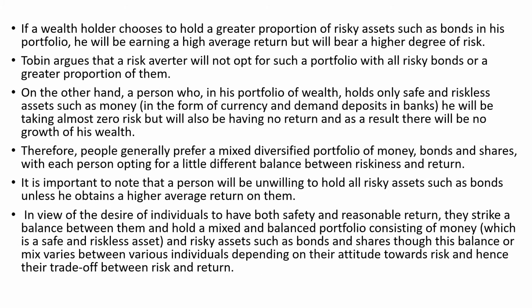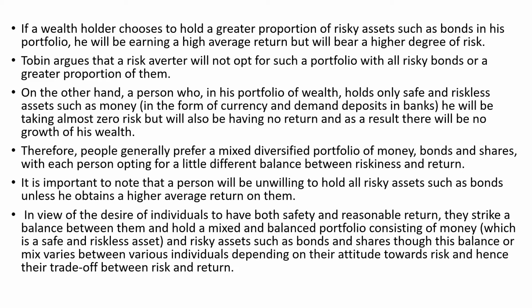If a wealth holder chooses to hold a greater proportion of risky assets such as bonds in his portfolio, then he will be earning a higher rate of return, but he will bear a high degree of risk. This is the main thing you have to understand. There is a direct relationship between the rate of return and risk. High risk means you will be getting higher return, and low risk means you will be getting low return.